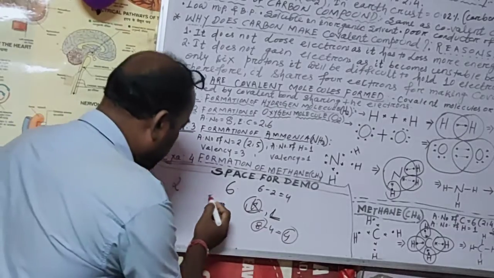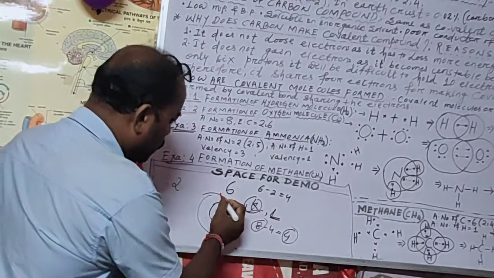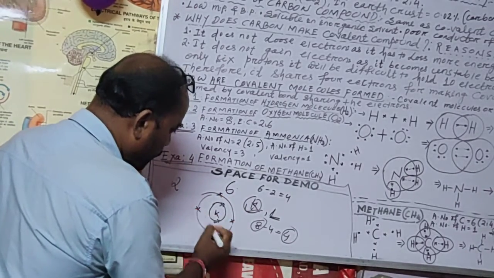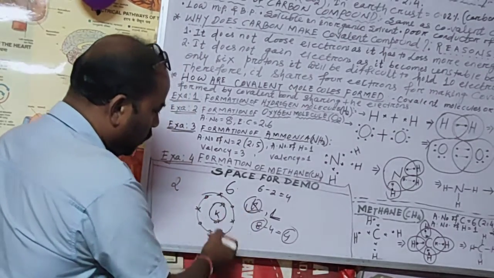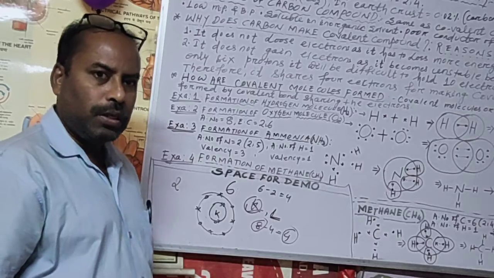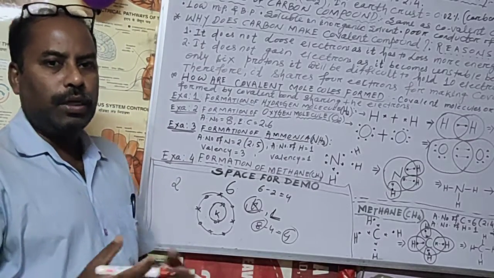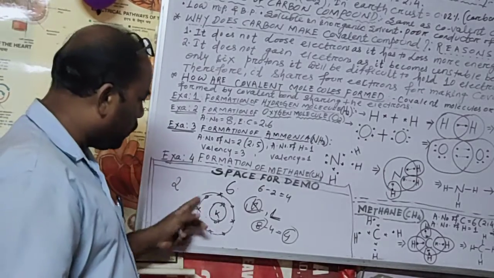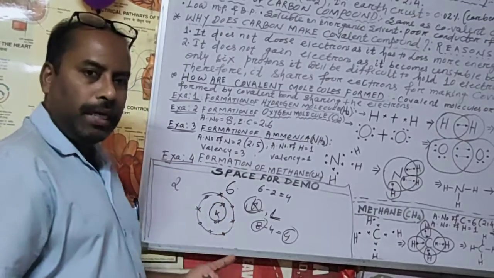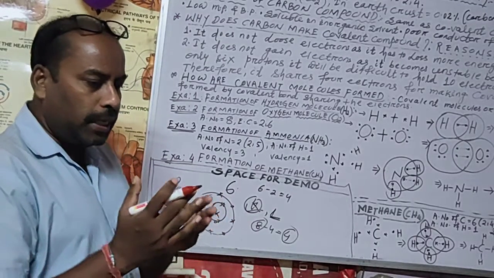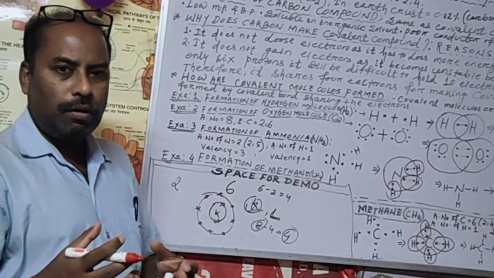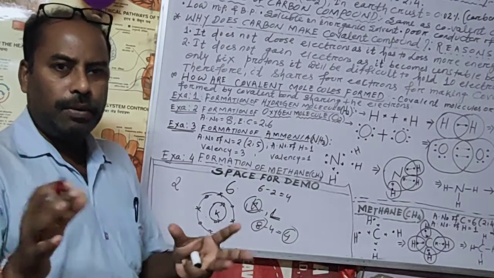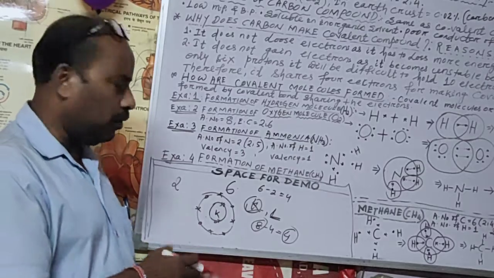So it can lose the 4 electrons to make itself a helium configuration. Or if it does not leave them, it has 4 electrons already, then it can also take 4 extra electrons from outside to make itself 8. That is the argon or neon electronic configuration. If it gets 8 electrons, then it will be inert also. So it has the capacity to take 4 electrons to make the octet, or to leave electrons to make the helium configuration.